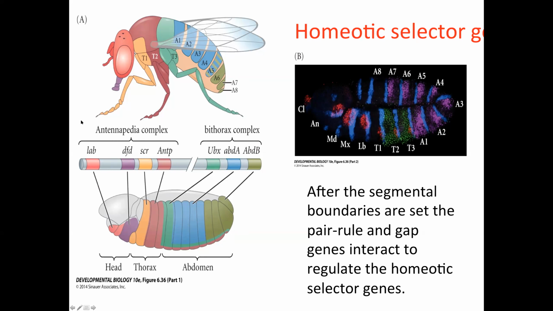The Bithorax complex has Ultrabithorax, abdominal-A, and abdominal-B. The Antennapedia complex has Antennapedia, labial, Deformed, and Sex combs reduced. So this cluster has these different homeotic genes, and the Bithorax complex has these three homeotic genes: abdominal-A, abdominal-B, and UBX.